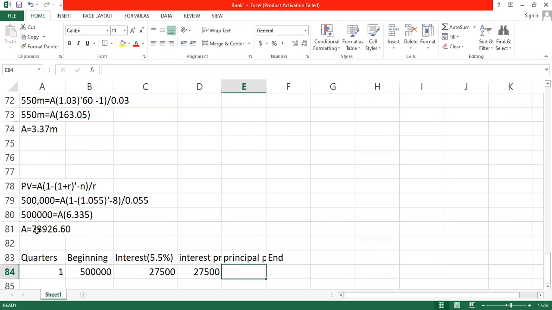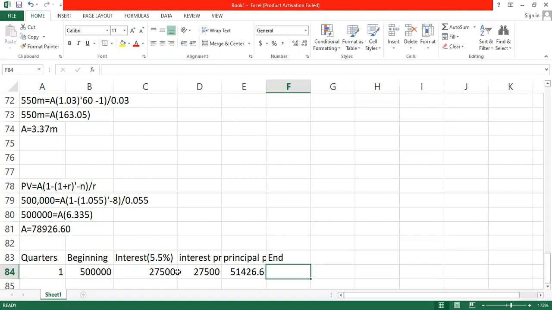So after paying all the interest amount, how much will be left from the 78,926 to pay the principal? Every year we pay all the interest. You just subtract the 27,500 from the total amount that you are paying.